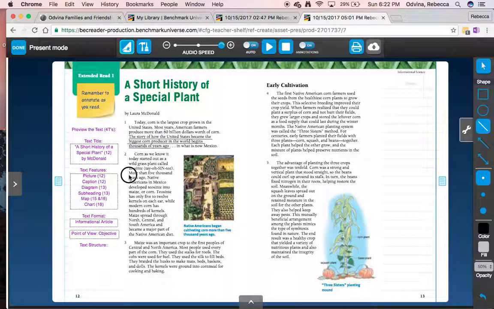So I want to underline that part because that again brings me back to a timeline and where it all began. And it didn't begin in the United States, it began in Mexico. And it didn't start with corn, it started with teosinte, becoming corn.